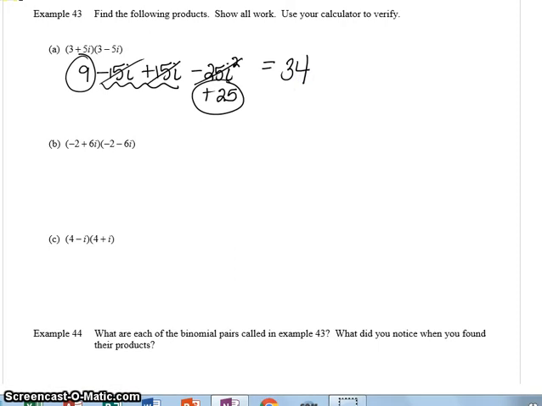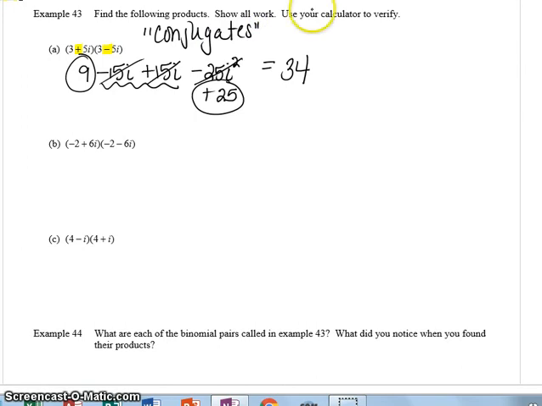Now, if you guys notice something, look at this. That's 3 plus 5i. That's 3 minus 5i. Those are your conjugates. Remember, conjugates mean change your middle sign only. When we were doing irrationals before, it was first minus last. Because these are complex, or they're imaginary, the shortcut is to do a squared plus b squared.